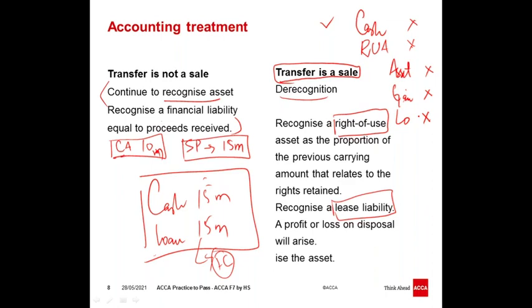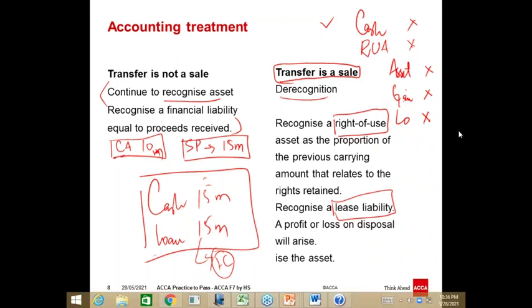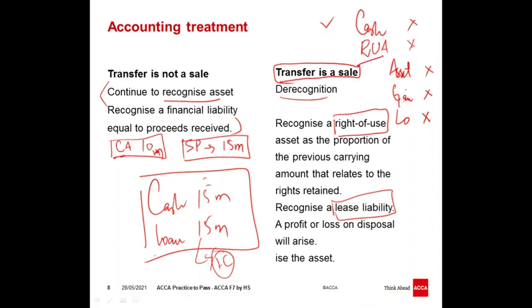So there will be a combined entry for the sale and lease back. Actually there are two entries which we have recorded simultaneously. Now we need to do the depreciation based on the asset that we have recognized.